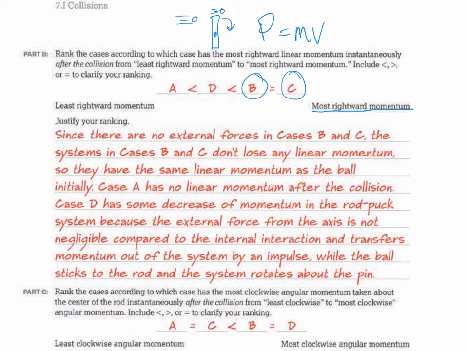It's not perfectly conserved, but you still have some momentum to the right after that ball collides into this spinning object. So that's why D is the next in line. A doesn't conserve any because A, the ball hits right directly into the middle, and then the ball goes perfectly back to the left. So that's going to have the largest deflection back to the left by hitting the dead center, and there won't be anything moving to the right after the collision.